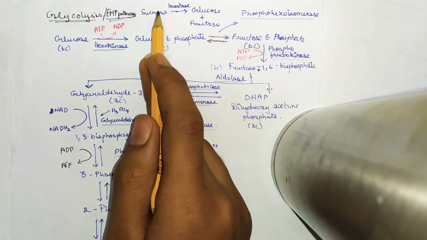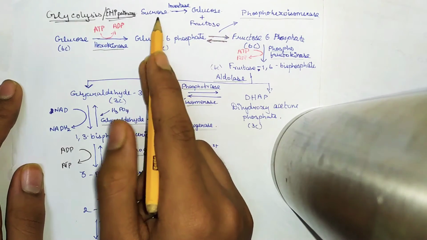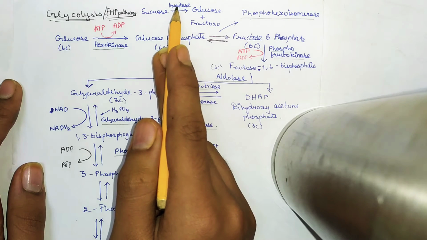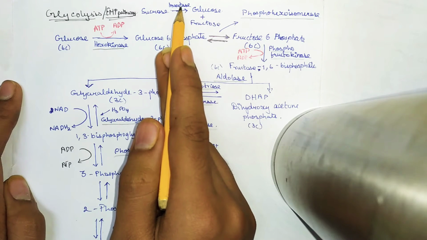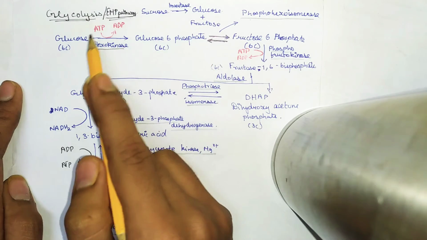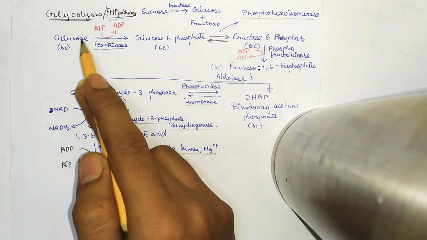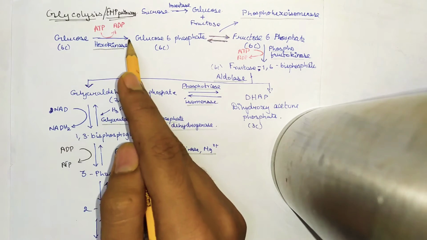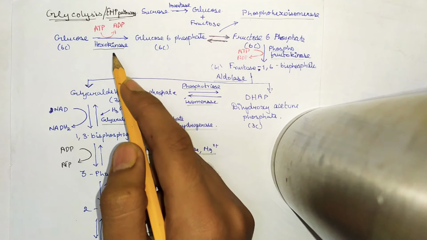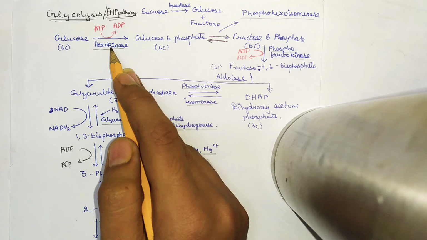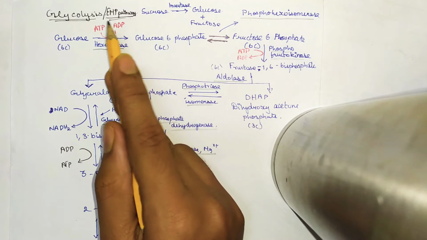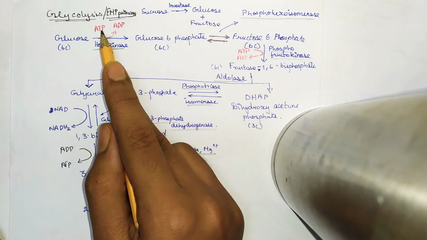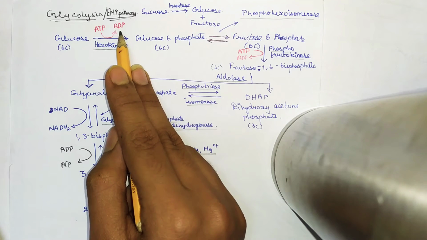Sucrose is converted to glucose plus fructose with the help of the enzyme invertase, and this glucose gets involved in glycolysis or the EMP pathway. So glucose gets converted to glucose 6-phosphate with the help of the enzyme hexokinase, and therefore there is a loss of energy. Okay, ATP is converted to ADP.